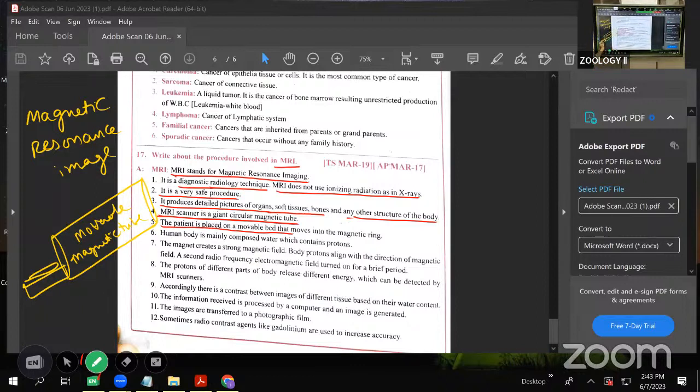The bed is pushed inside the movable magnetic tube, inserting the patient. The patient is placed on a movable bed that moves into the magnetic ring.